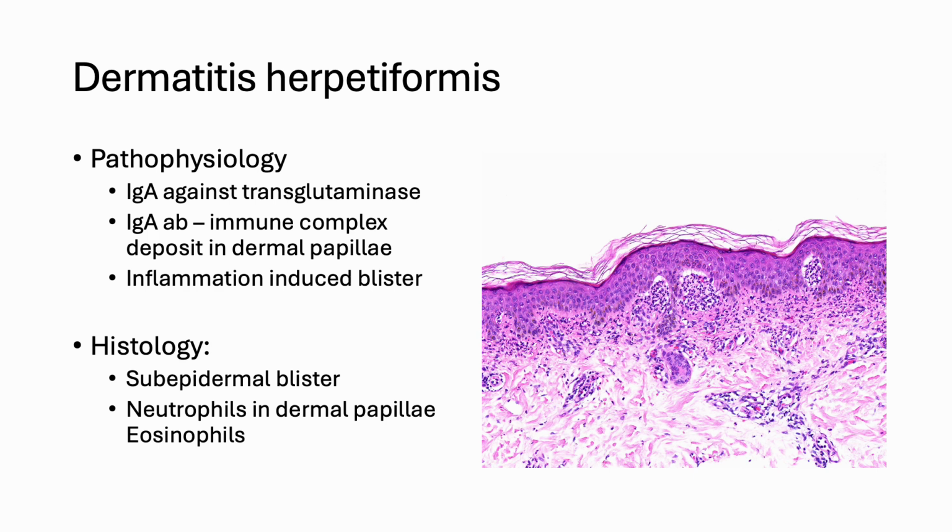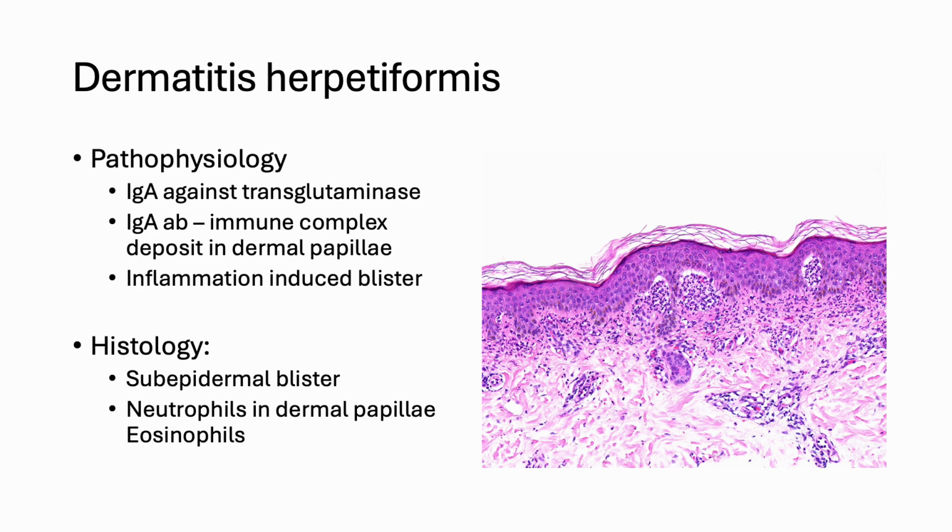In terms of the pathophysiology of dermatitis herpetiformis, it is an autoantibody, IgA, against transglutaminase, abbreviated TTG. And the IgA antibody will form an immune complex deposition in the dermal papillae.